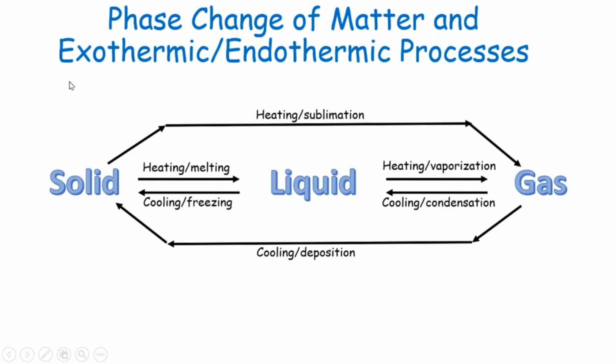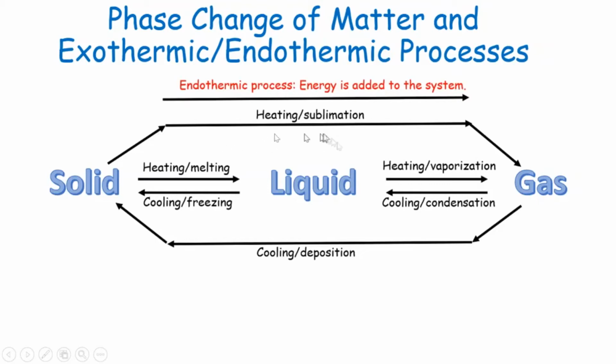Now we are going to concentrate on exothermic and endothermic processes. If we look at the phase change from solid to liquid, we have to apply heat. From liquid to gas, we have to apply heat. What is heat? Heat is energy. And from solid directly to gas, we also have to apply heat. These three processes are called endothermic processes.